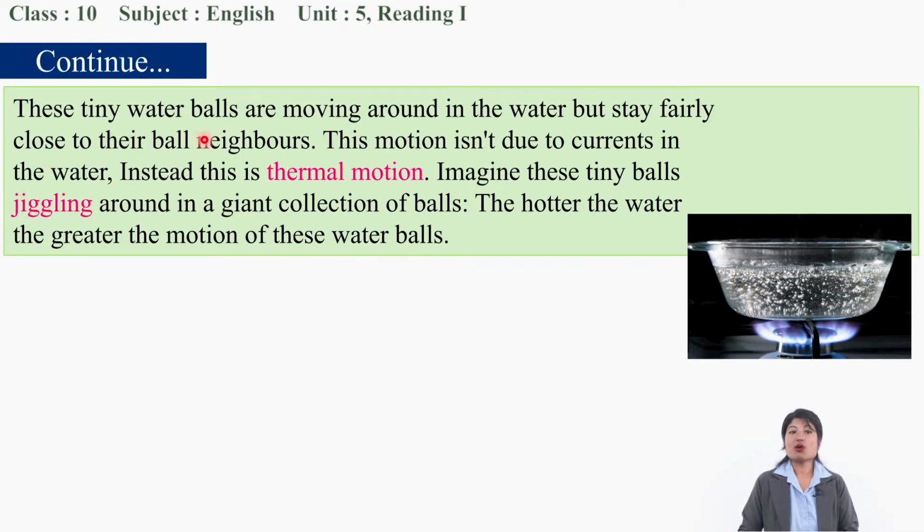These tiny water balls are moving around in the water but stay fairly close to their neighbors. This motion is not due to currents in the water. Instead, this is called thermal motion.